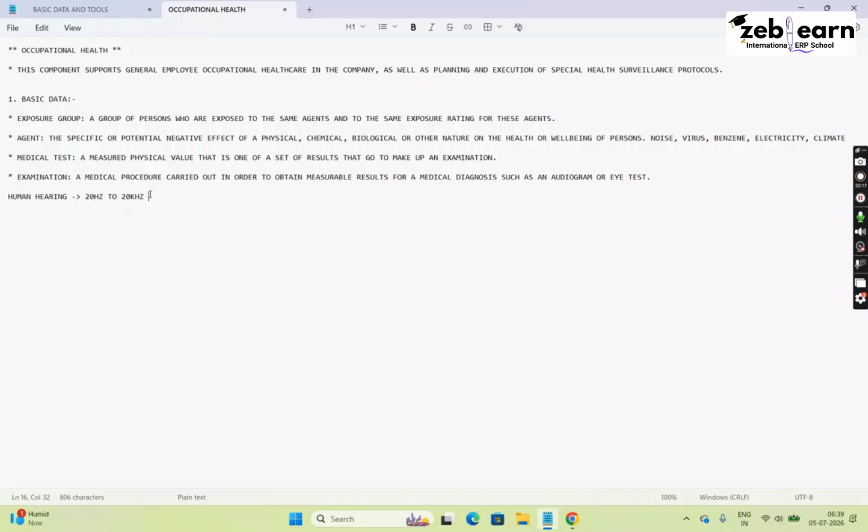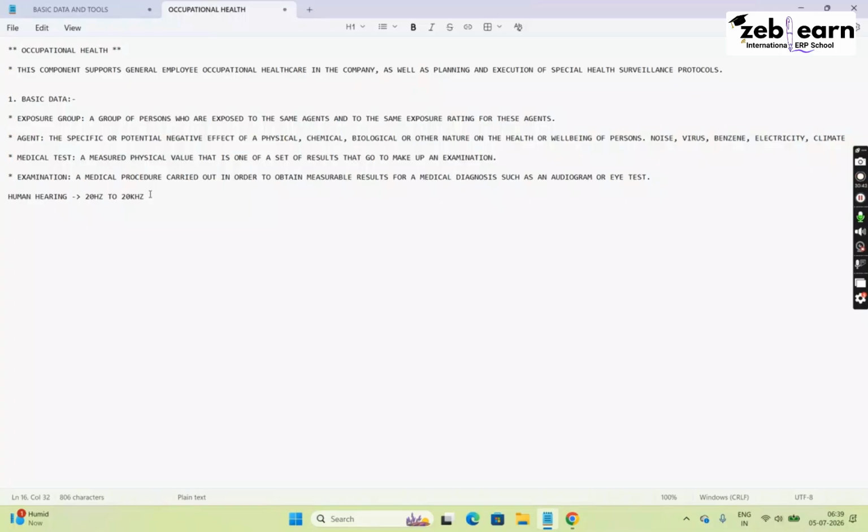In that audiogram test, they make the employee wear headphones, and they supply different frequencies. For whichever frequency the employee is able to hear, they plot that frequency. First they apply 100 hertz, 200 hertz, 500 hertz, 1 kilohertz, 2 kilohertz, like that. Slowly, gradually they increase the frequency.